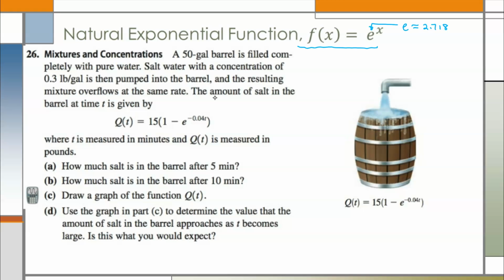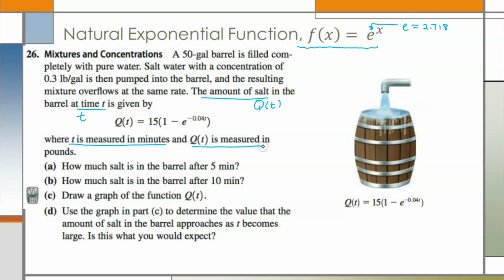The amount of salt in the barrel at time t is given by the following. The amount of salt is what Q of t represents, and time is our variable t. Time is measured in minutes.